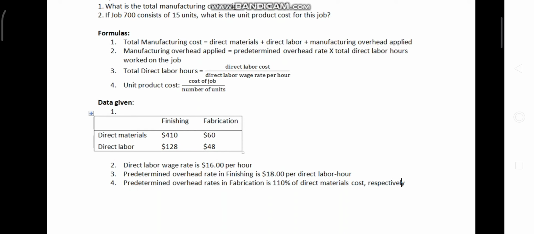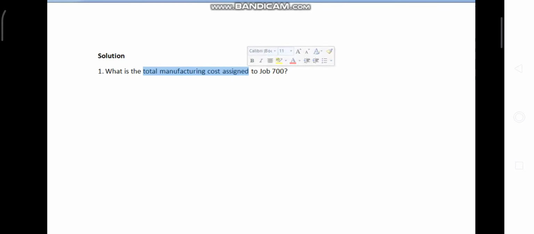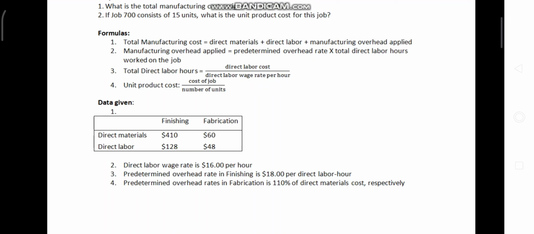Now we have our data and the formulas. Let's jump to the solution. The first requirement, total manufacturing cost assigned to job 700. I'm going to first calculate the total direct labor hours for the finishing department.